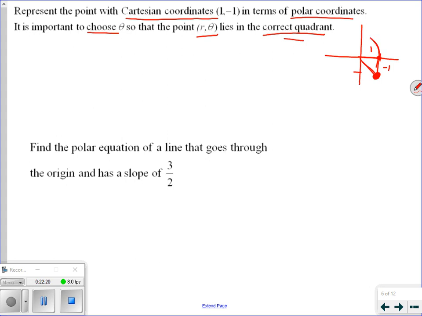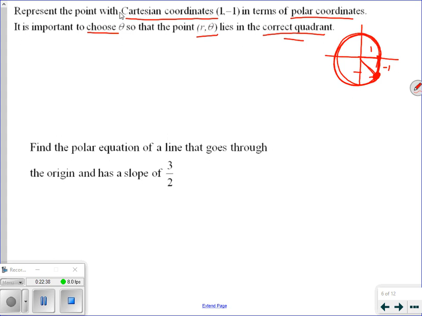I like to think of it as going around the circle all the way to this point. You can represent that as a positive value if you're going all the way around the circle, or a negative value if you're coming backwards.